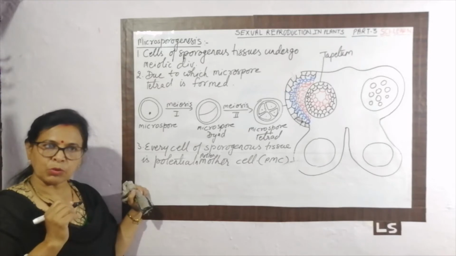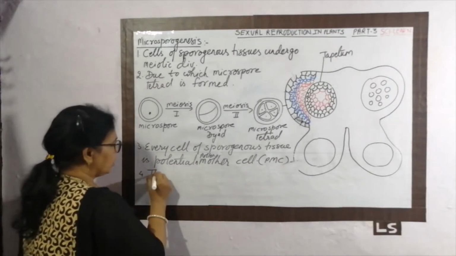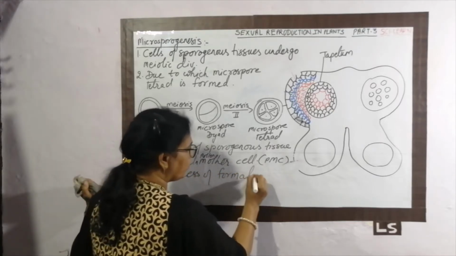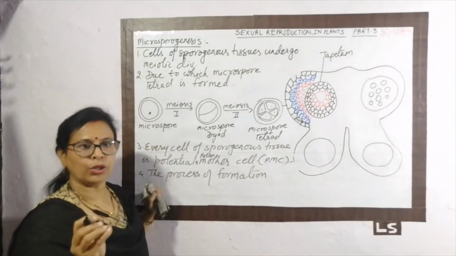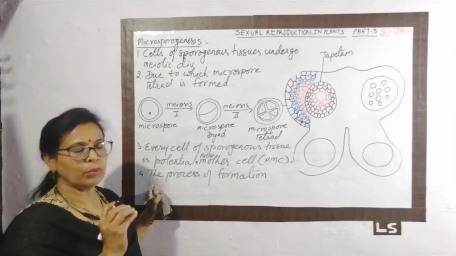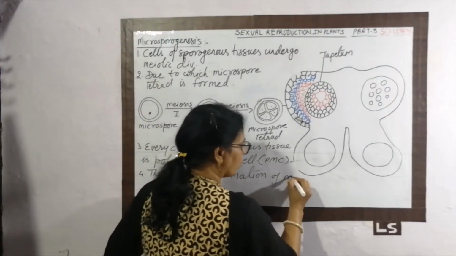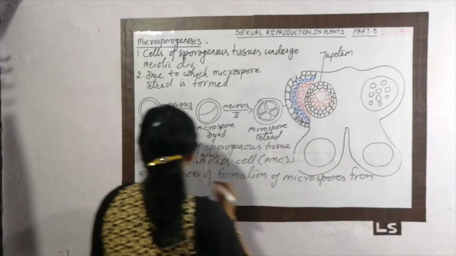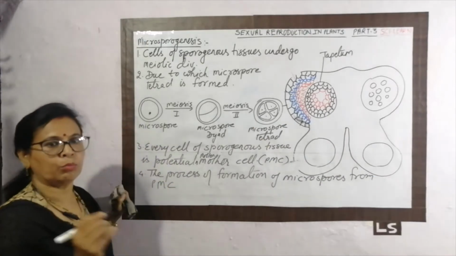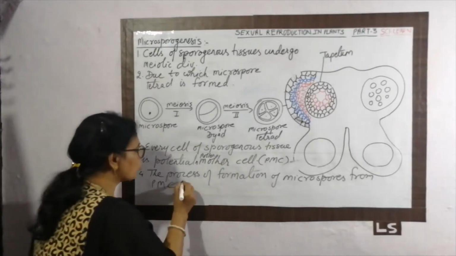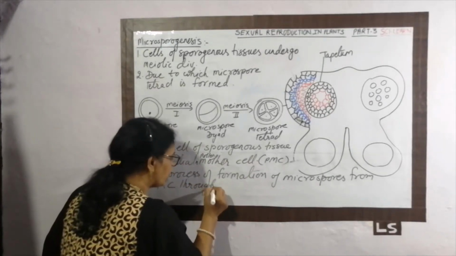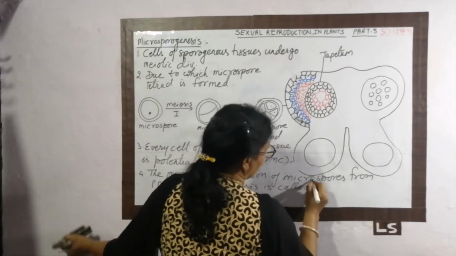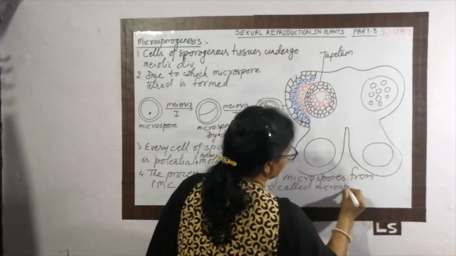So what happened in this process? The process going on is the formation of microspores from the pollen mother cell, PMC, through meiosis, and this is called microsporogenesis.